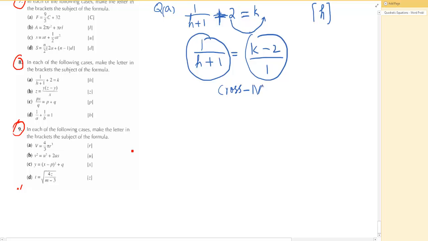When we have a single fraction on both sides, then we can apply cross multiply. So 1 will multiply with this, 1 into 1, and here, so now we do expansion.